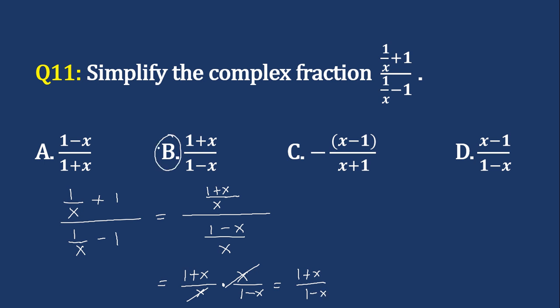But let me show you a shorter way. Let me copy again the given. We can just multiply the whole thing by x over x. Why? Because if you multiply the whole thing by x over x, we distribute this.